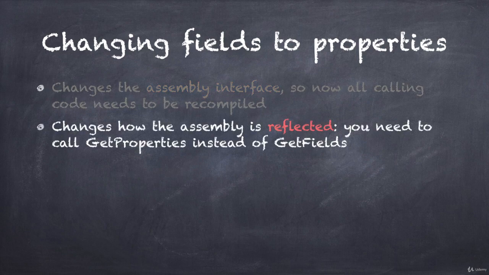Another problem is that you'll need new code to reflect your assembly. Fields are accessible through reflection by using the GetFields method, but for properties you'll need the GetProperties method. So any code that uses reflection, like say serialization code, will need to be changed to take your refactoring into account.